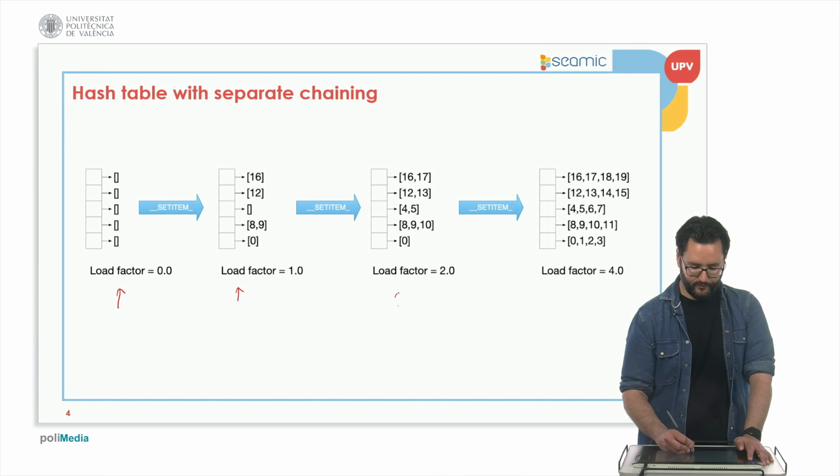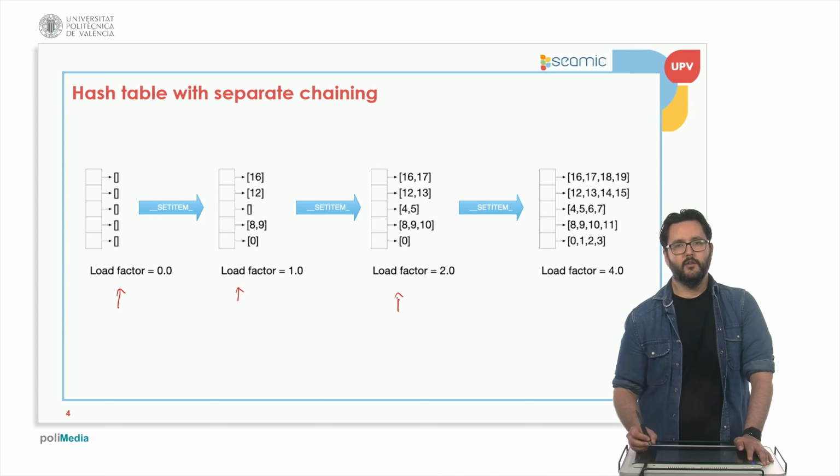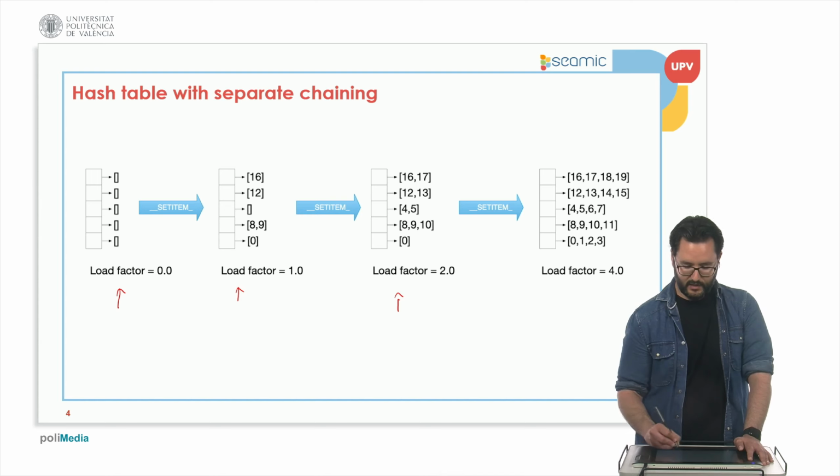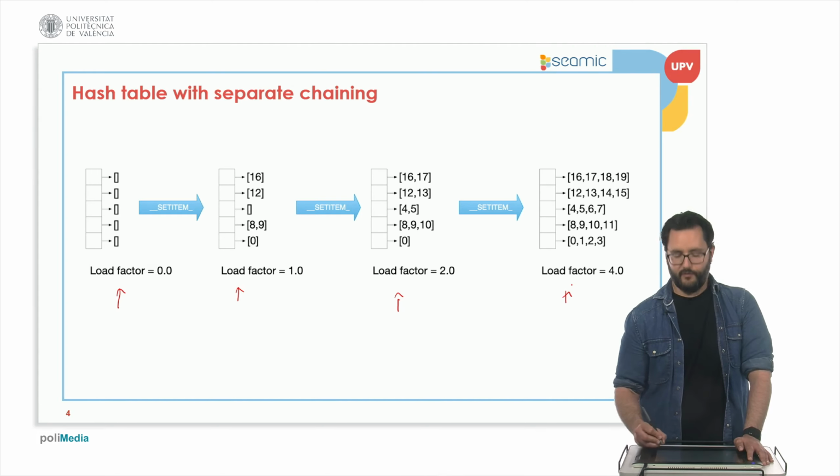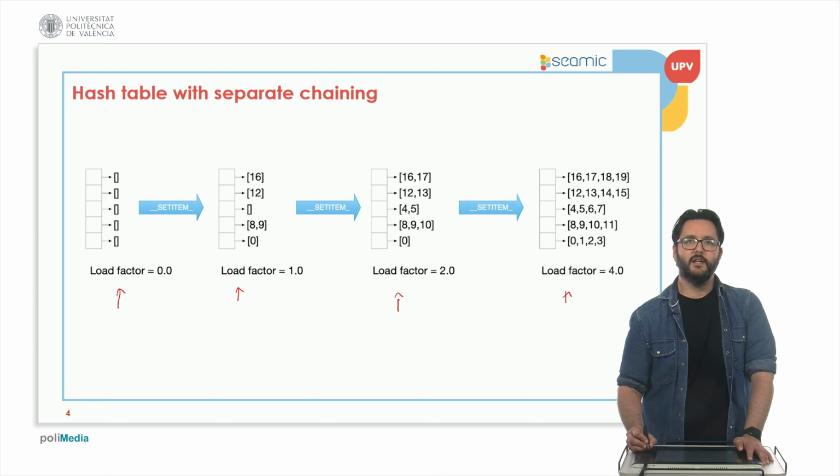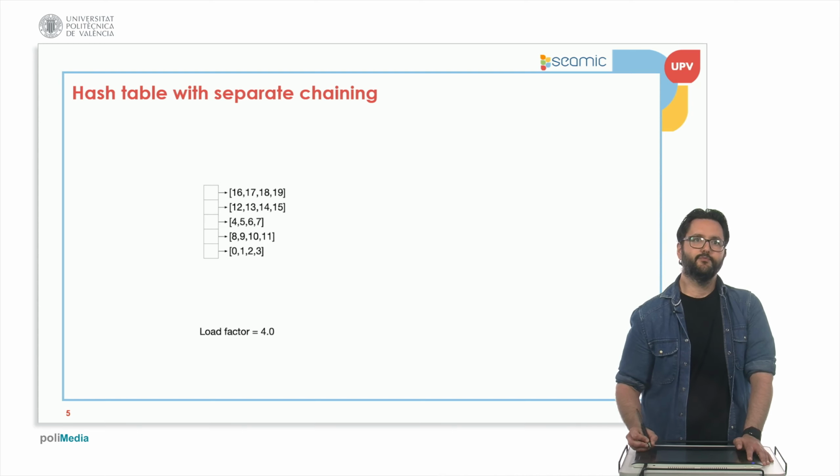We can include 5 more elements, with a total number of elements of 10, and then the load factor is 2, and then including 5 more elements, with a load factor of 4, with a total number of elements of 20. In this case, we can see that the length of the buckets is getting larger.